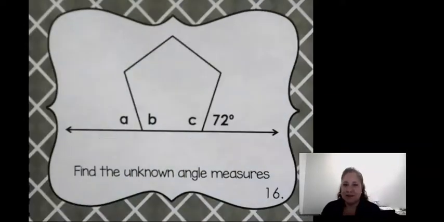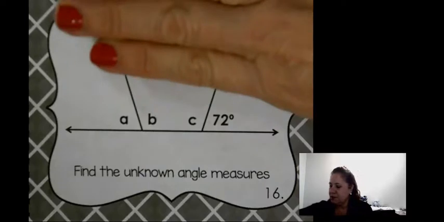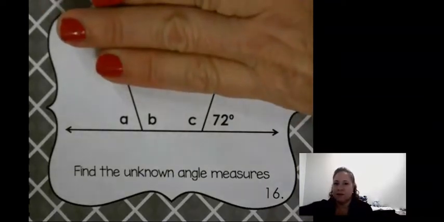All right, here's our last example. And do not let this pentagon fool you in any way. We're just worried about these angles, just like every other measurement that we've done. Okay?